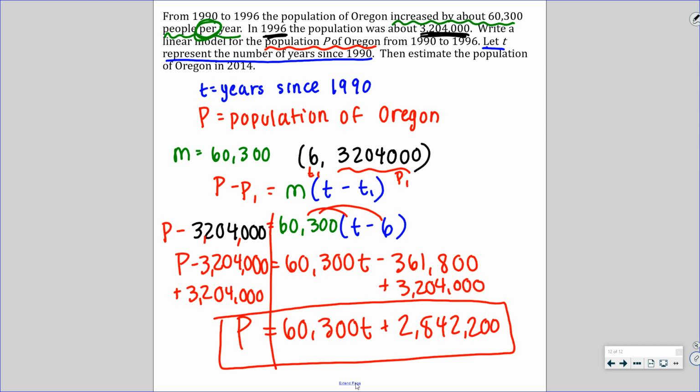So this makes sense because this is how much people were growing per year, times my number of years. We'll factor in whatever year we want to calculate, which in a second we're going to do 2014.